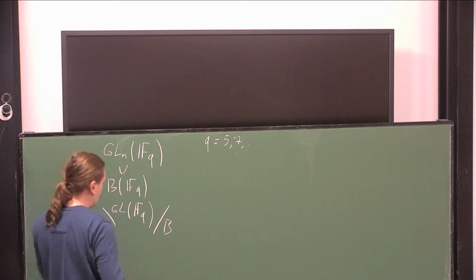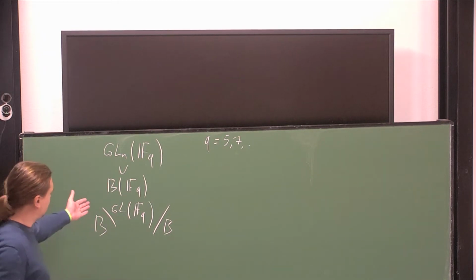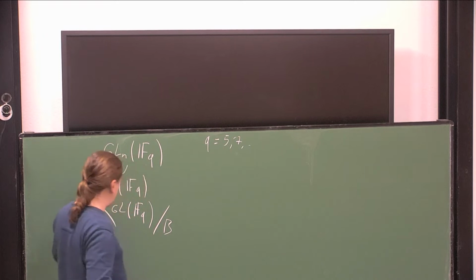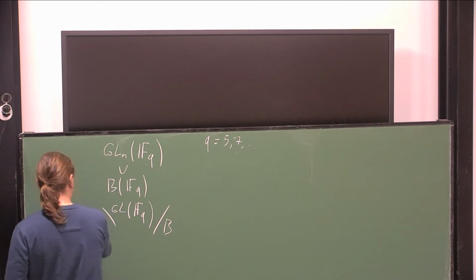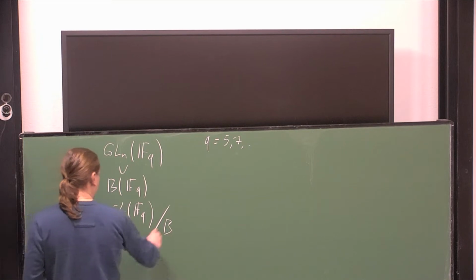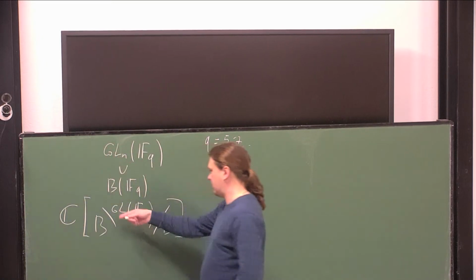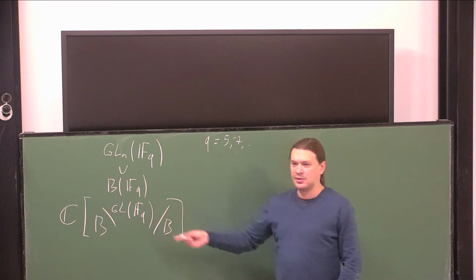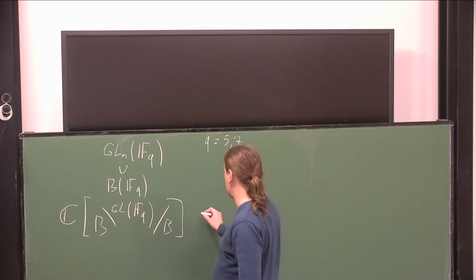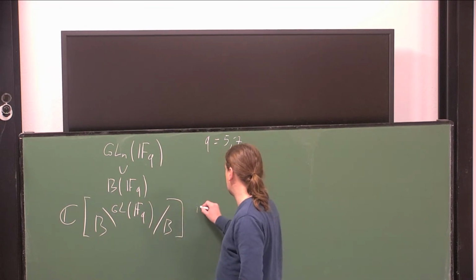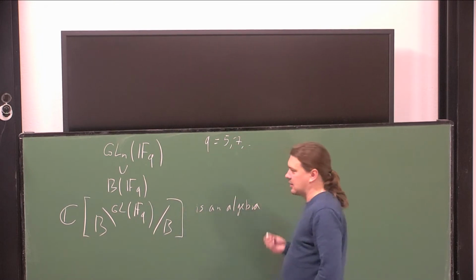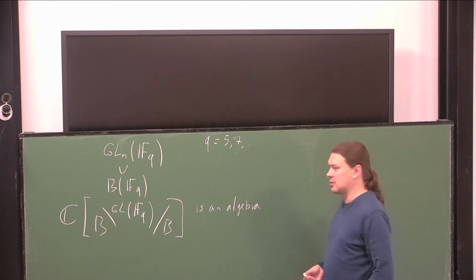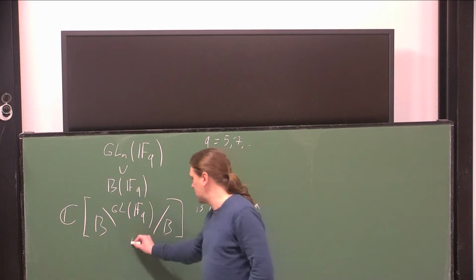It is natural from such a situation to construct an algebra. So you will take the vector space with basis given by these double cosets. It has an algebra structure, and it turns out to be actually exactly the Hecke algebra. So it equals H_n.